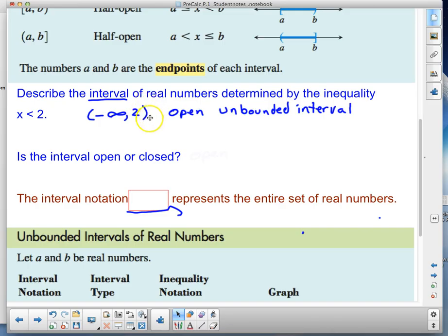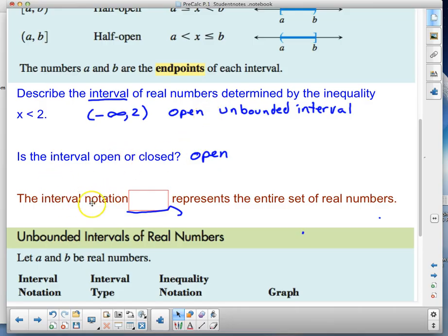It's open because we have the open parenthesis, because it does not equal exactly 2, and it doesn't equal exactly negative infinity. Matter of fact, because we can't track down how far down the negative side we start or stop at, it's an unbounded interval because of the infinity. So is the interval open or closed? It happens to be open. I've repeated myself here twice, but that's the end of that question.